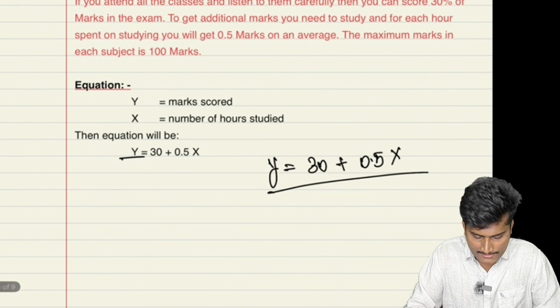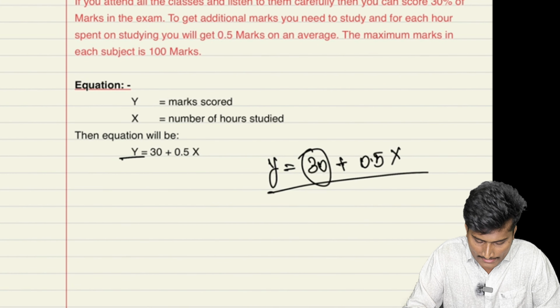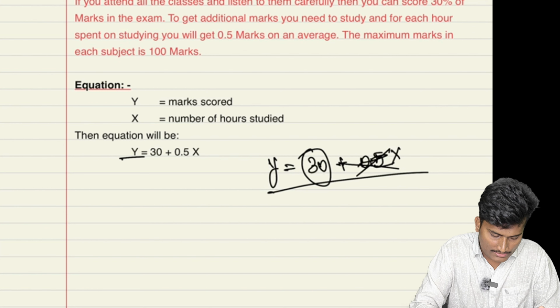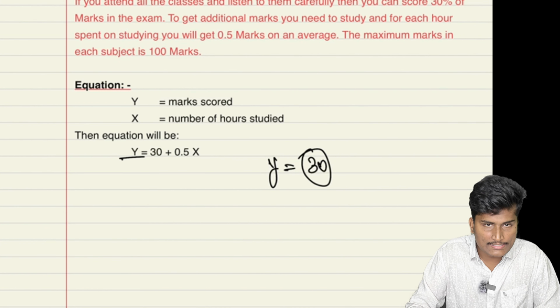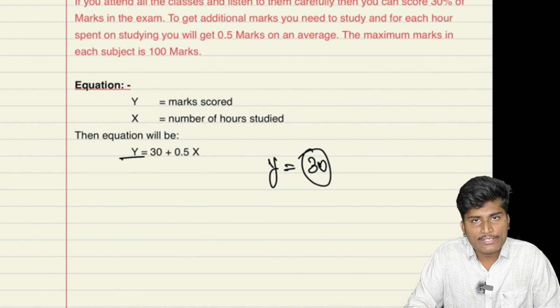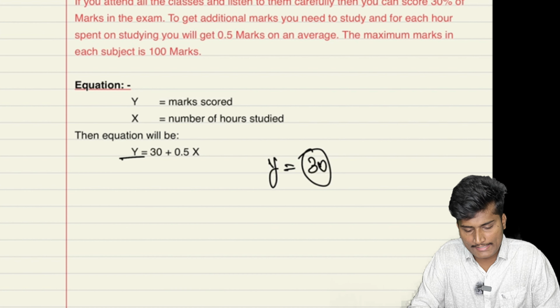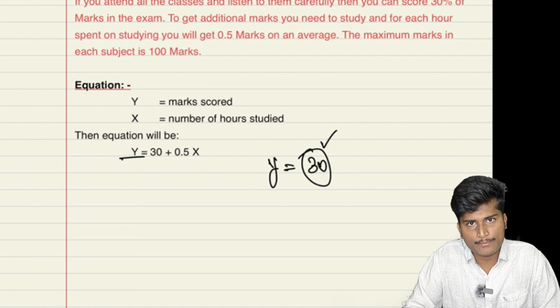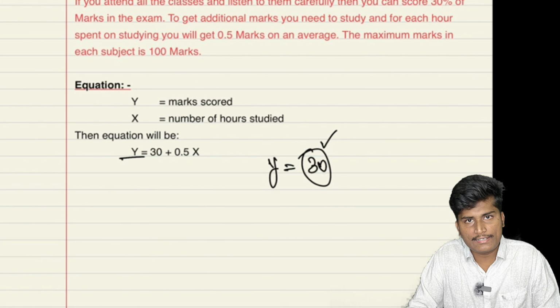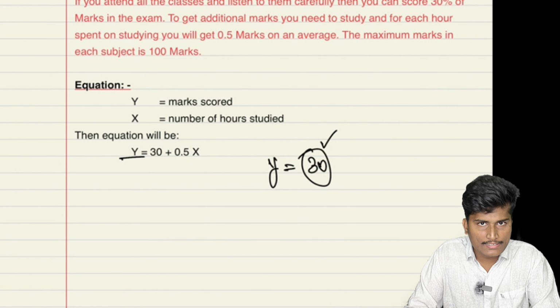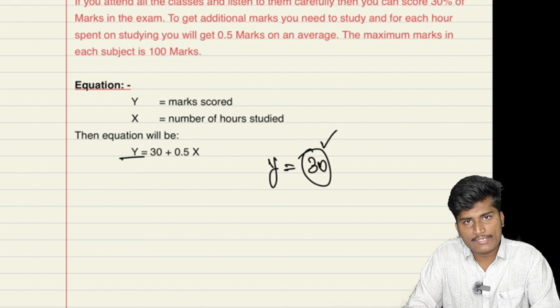Why? Let's forget about this part of the equation. First of all, focus on only 30. Y is equal to 30 because even if you don't study for a single minute, you are going to get 30 marks in the exam, assuming that you attended all the classes and listened to them very carefully.